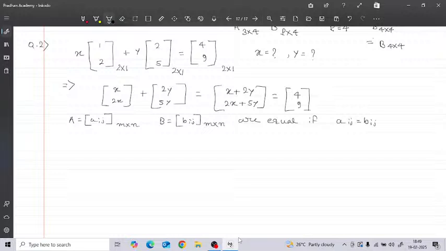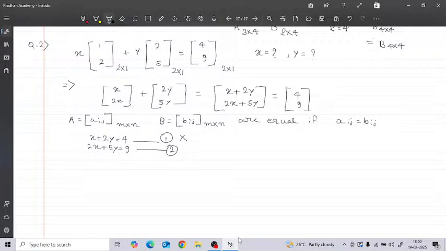It means the corresponding elements are equal. What does it mean? It means that x plus 2y equals 4, 2x plus 5y is equal to 9. This is equation number 1. This is equation number 2.